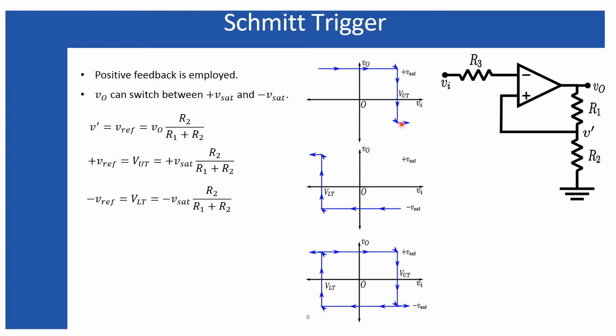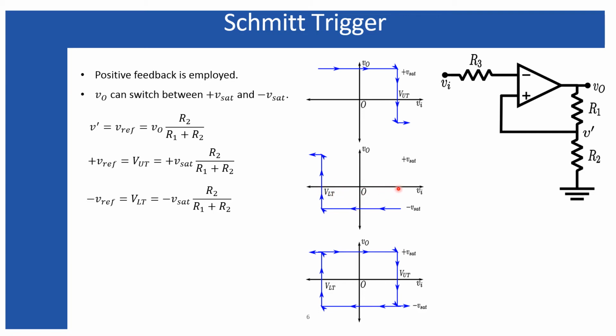Because when the input voltage crosses the upper threshold voltage, the output voltage is switched down to minus Vsat, and when the input voltage starts to decrease, although it becomes less than the upper threshold voltage, right now there is no such upper threshold voltage, because the new threshold voltage is set at this lower threshold voltage, which is on the negative side of the x-axis.